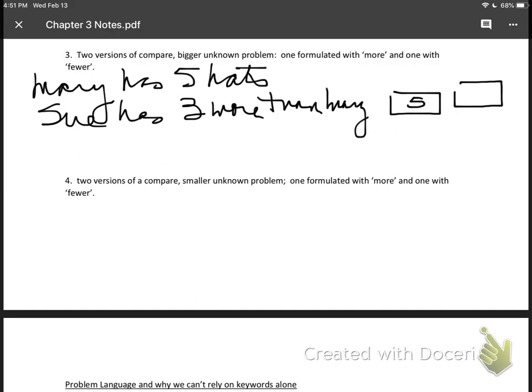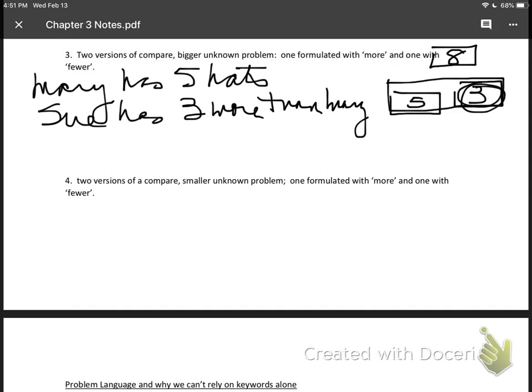So if she has 3 more than Mary, then to get the number of hats that Sue has, she's up here. We're going to add the 5 and the 3. So the 3 was what I was looking for. Well, the 3 is what I'm going to utilize to figure out that Sue has 8 hats.